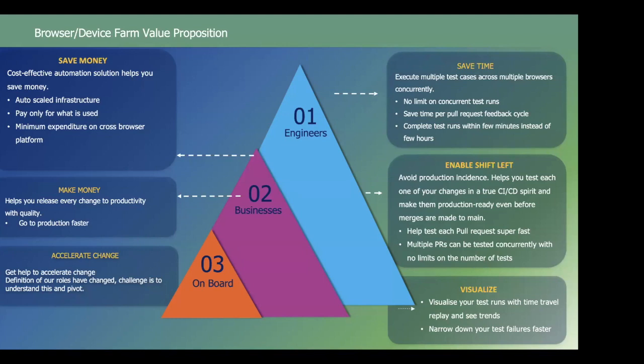And enabling shift left is again part of the story. Now you not only run it in your normal pipeline, you can even test your branches at scale, immediately know what's wrong with my code, and iterate. And when you merge your pull request, it's already production ready. So the chances of your code failing on the right side of the pipeline, all the way in production, are decreased, so you're not going to lose money in production.